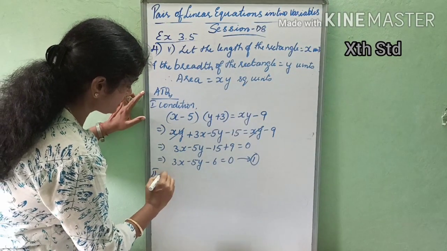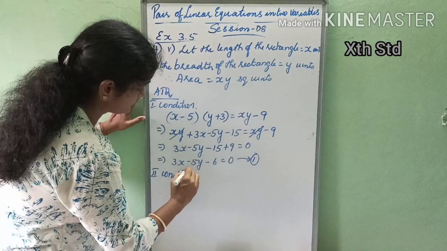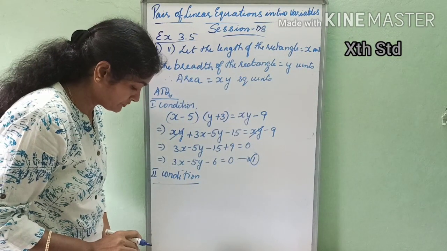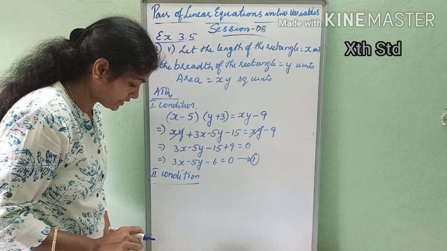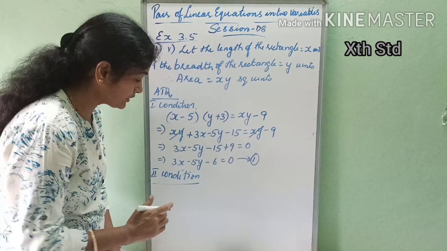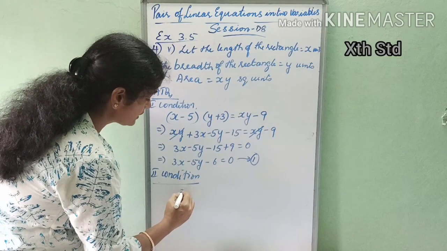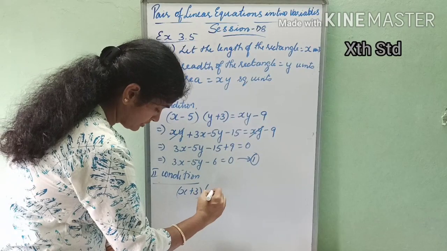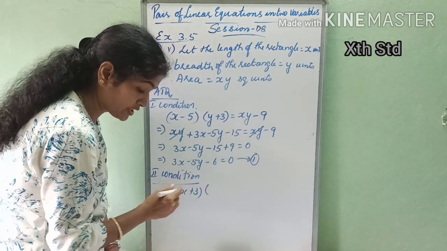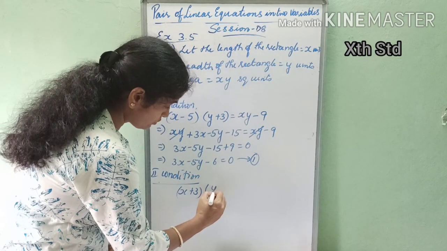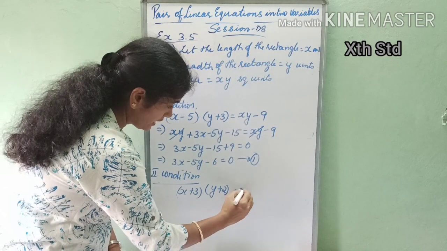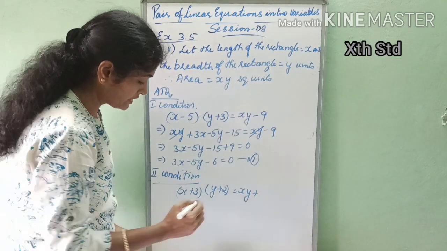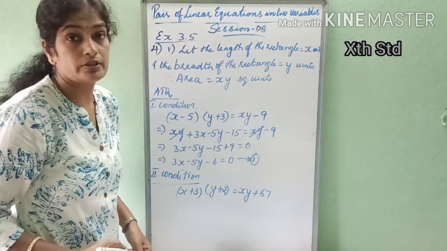Now what is the second condition? If we increase the length by 3 units, length is x, so x plus 3, and the breadth by 2 units, breadth also is increased, so y plus 2. Then the area gets increased. The original area is xy, that gets increased by 67 units.